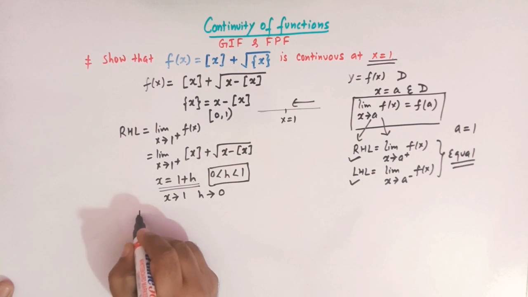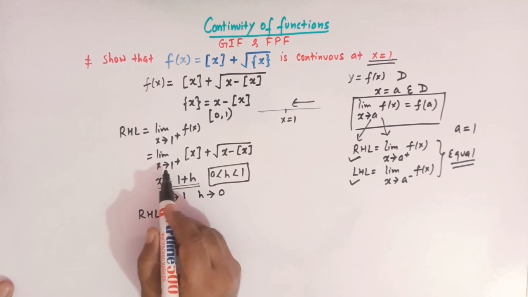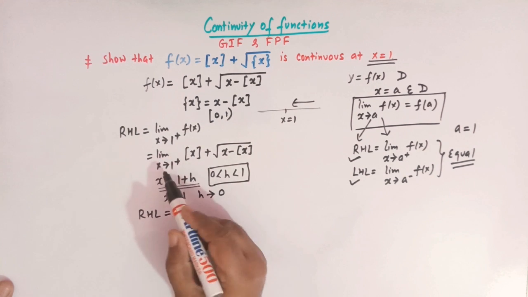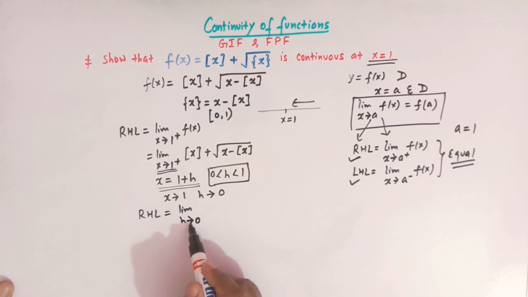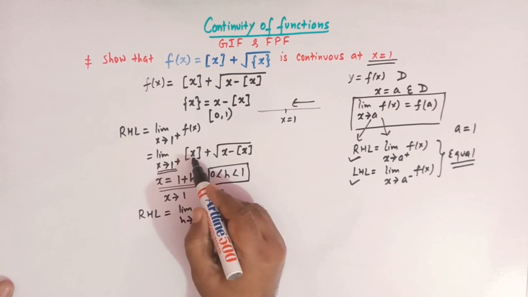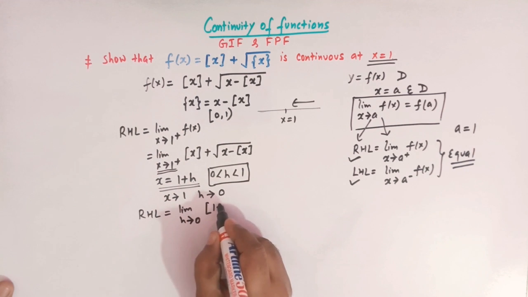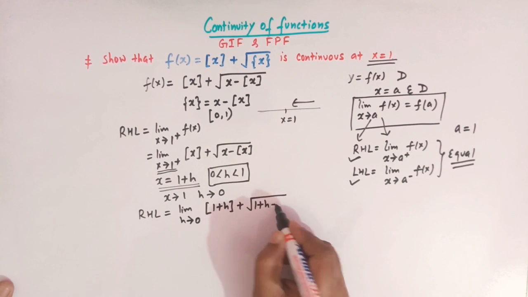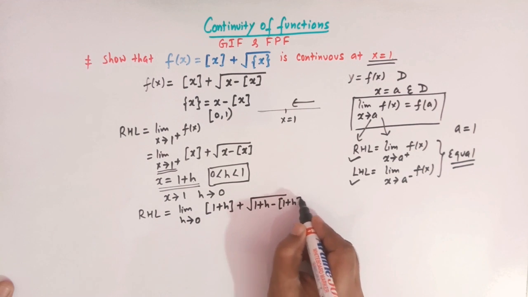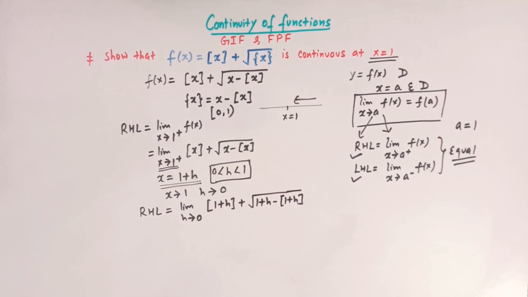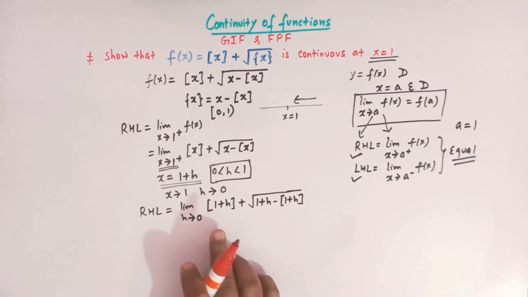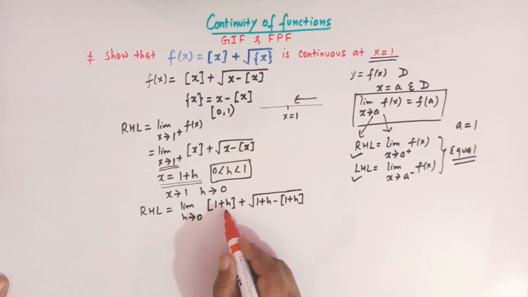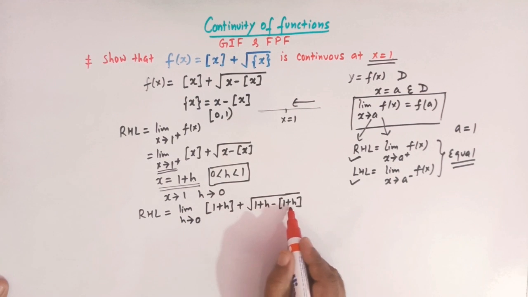Now the right hand limit takes the form, in terms of h, limit h tends to 0 of greatest integer of 1 plus h plus square root of 1 plus h minus greatest integer of 1 plus h. We have to evaluate this expression, and we cannot directly substitute h is equal to 0.